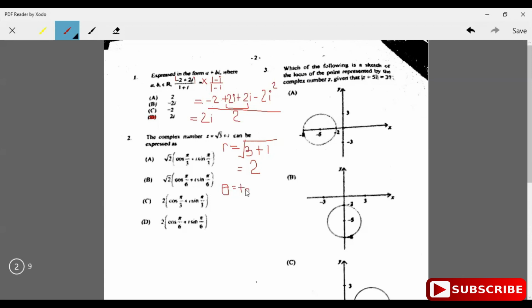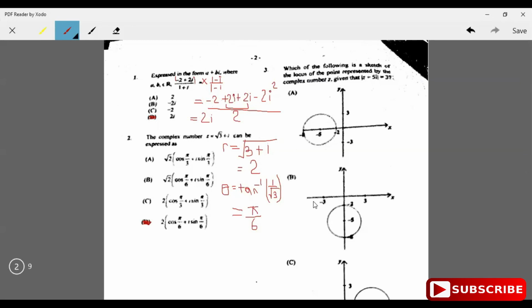And the argument of z is just equal to the tan inverse of y over x, which is 1 divided by the root of 3. That's pi by 6. That's option D.